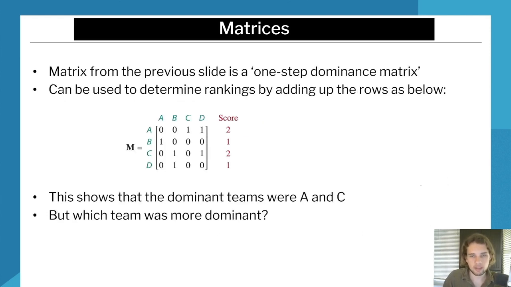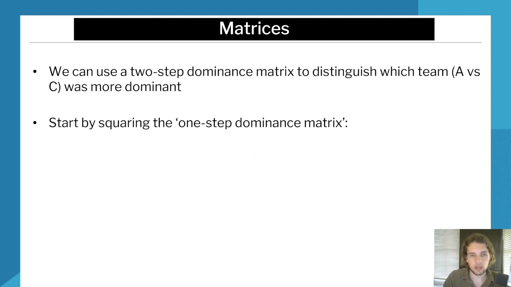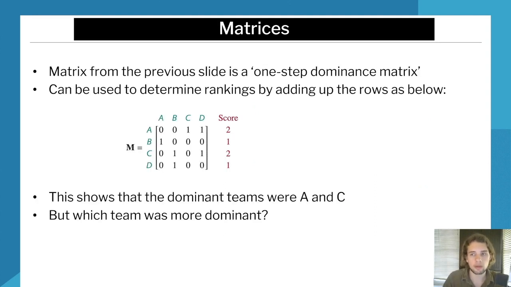What we can do instead is we can do multiple orders of dominance matrices, is what we call them. So when we multiply a dominance, when we square a dominance matrix, it does something very interesting.